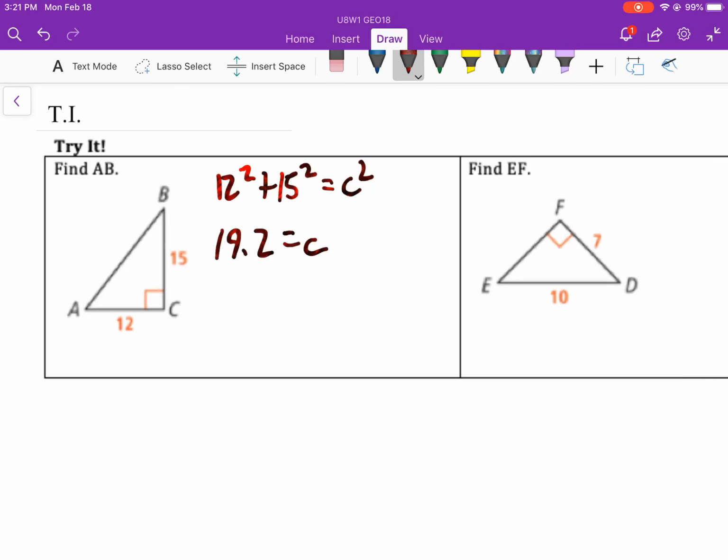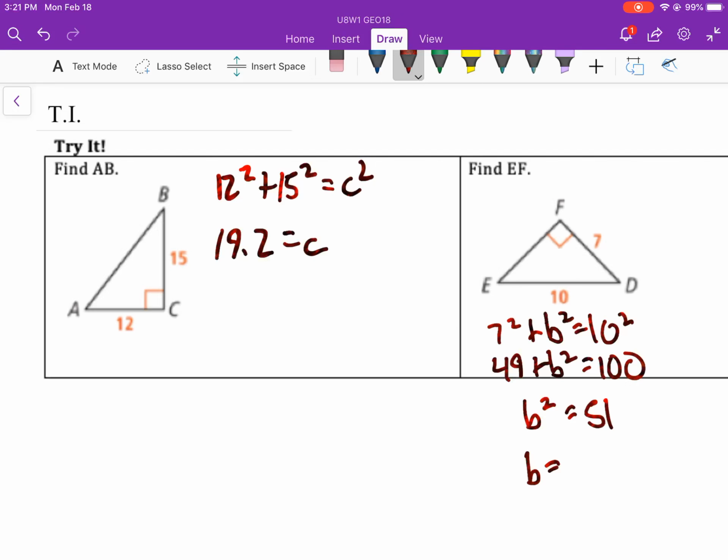Next, 7 squared plus B squared is equal to 10 squared. 49 plus B squared is equal to 100, B squared is equal to 51, and B is equal to 7.14. Great number.